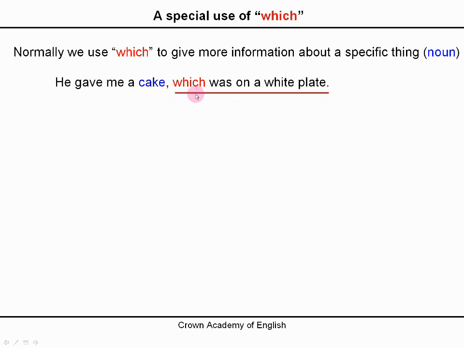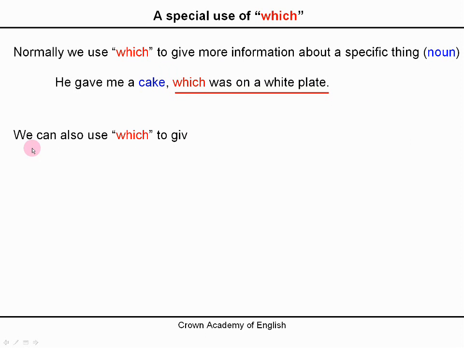Okay, we have already seen this. So here, the relative pronoun which is referring to one word. It is referring to the noun, cake. Just one word, cake.